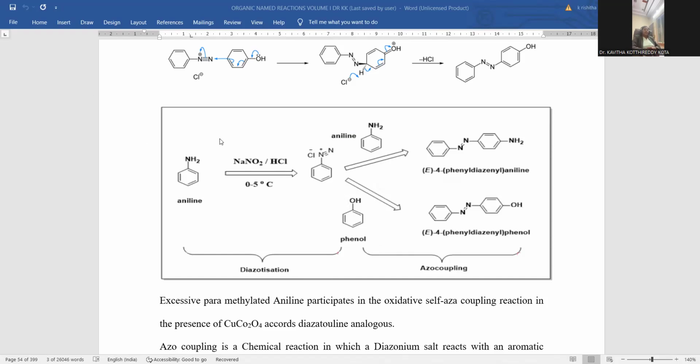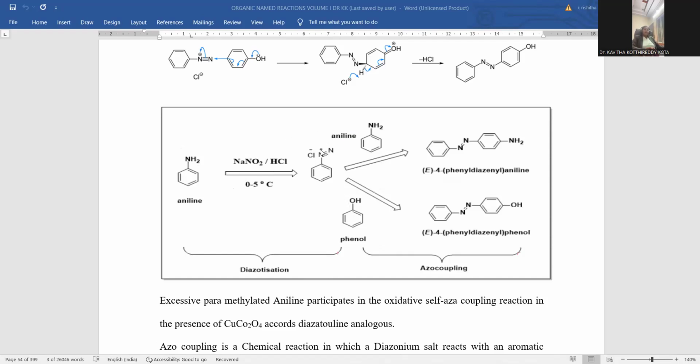That's the reason why, by mixing sodium nitrite and HCl directly, you can generate the molecule. Immediately it will react with this amino functionality, and the temperature should be maintained at 0 to 5 degrees. This cryogenic condition is more preferable for the accomplishment of this benzene diazonium salt formation.